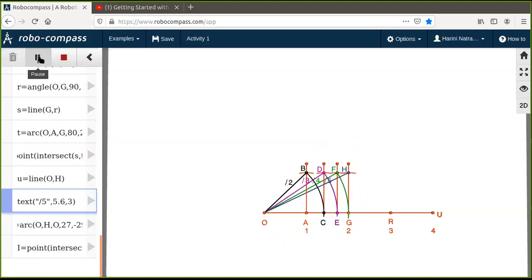And hence I should be able to pull it down to the number line to locate the next irrational, which is going to be root 5. And hence I mark it as this point I. Now like this, you should be able to continue and complete till root 10. So this is the activity which I wanted to share with you.